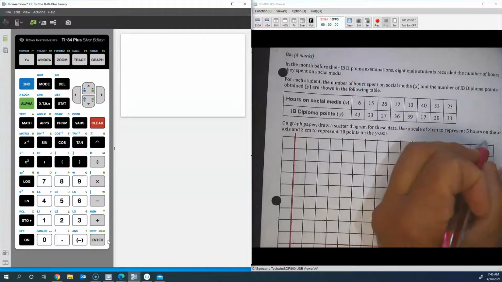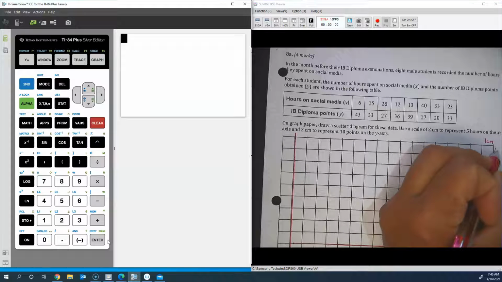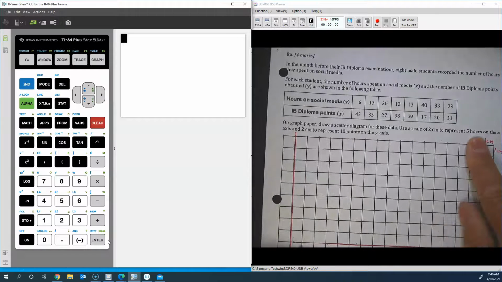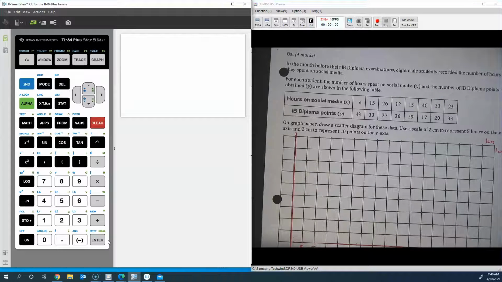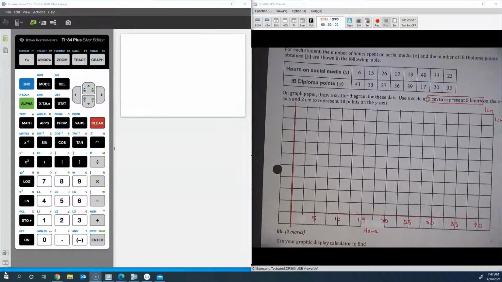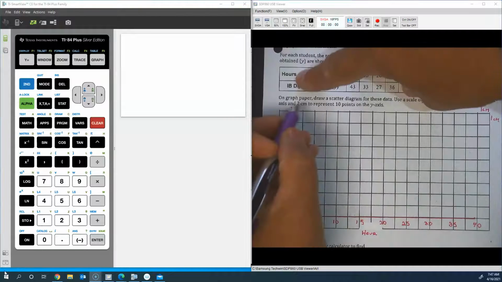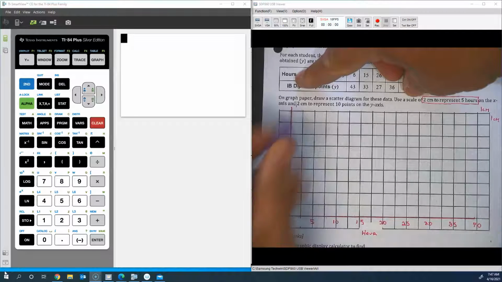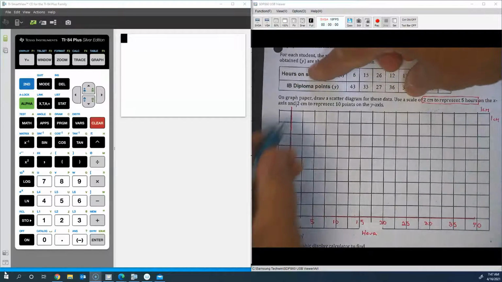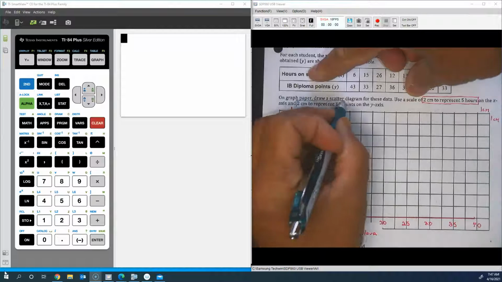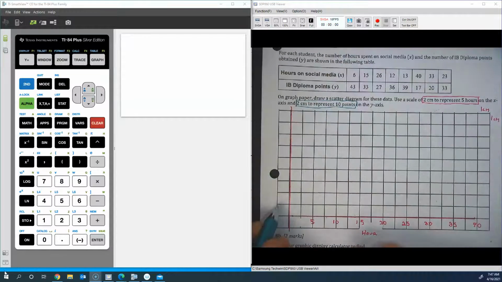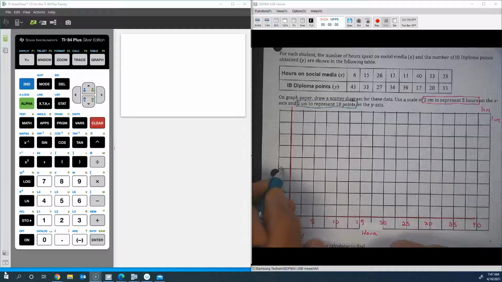This is 1 centimeter grid paper, so 2 centimeters is 5 hours, 10 hours, etc. For my y-axis, I'm going to use 2 centimeters to represent 10 points: 10 points, 20 points, 30 points, 40 points.